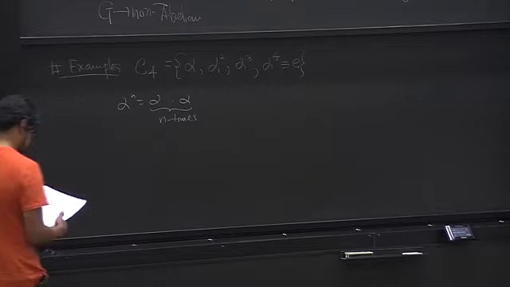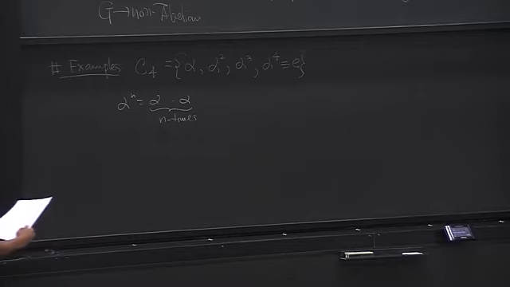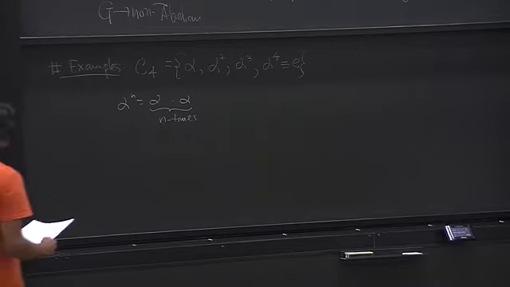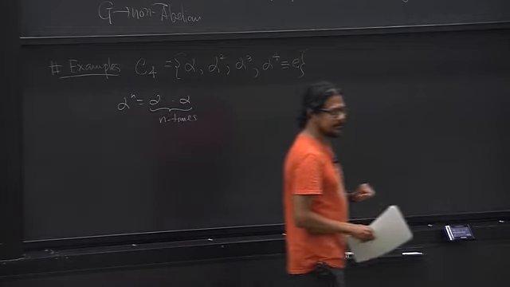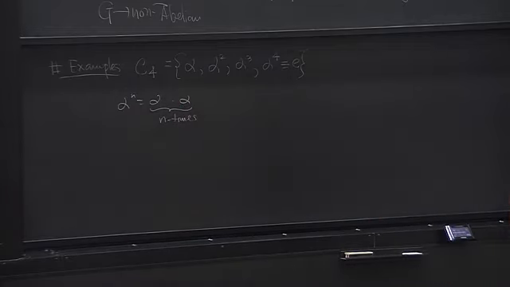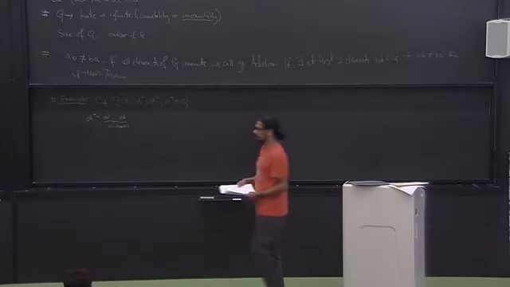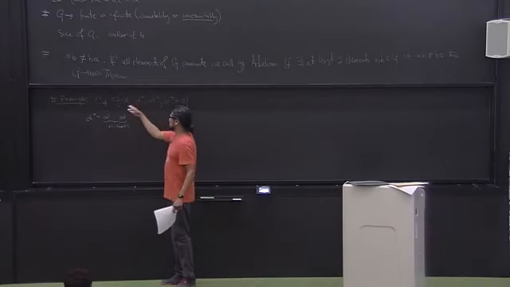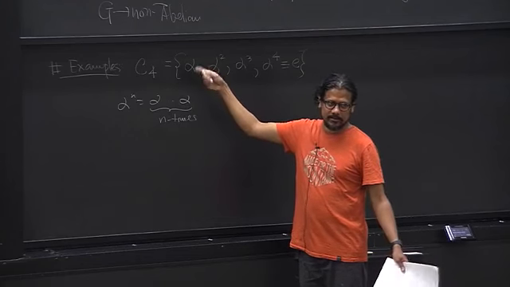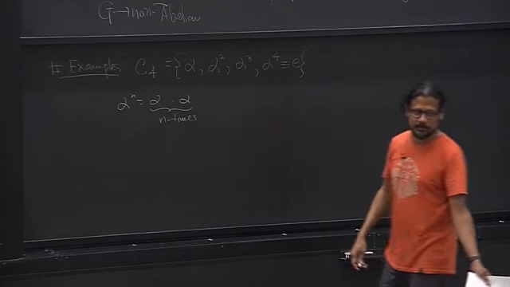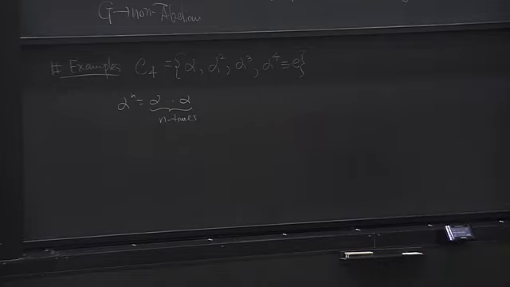The way I've written the elements of the group, it's just obvious what the multiplication table is, right? Like this element is this element times this element, or this element multiplied with itself 2 times.